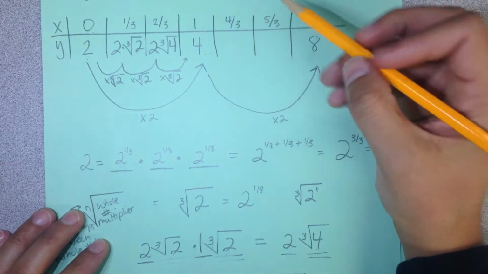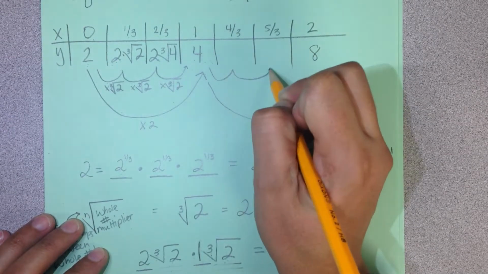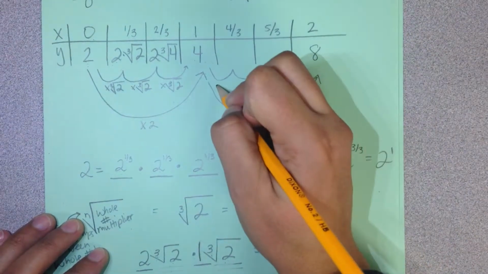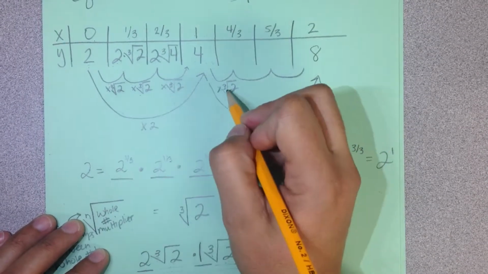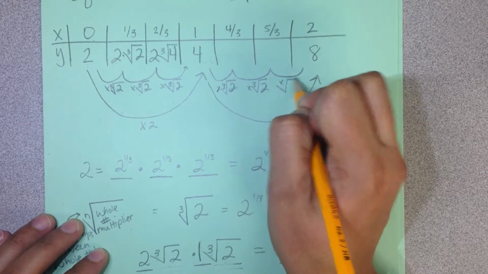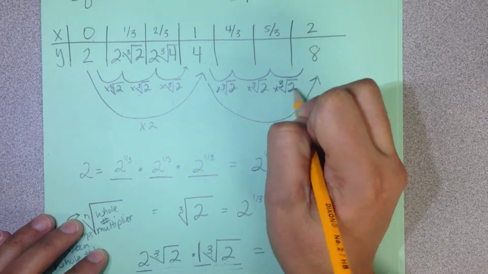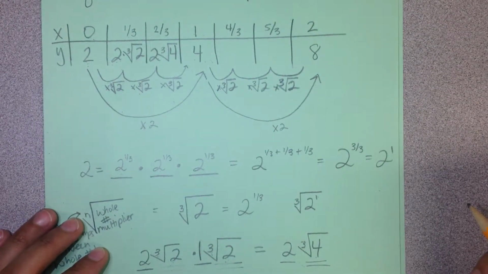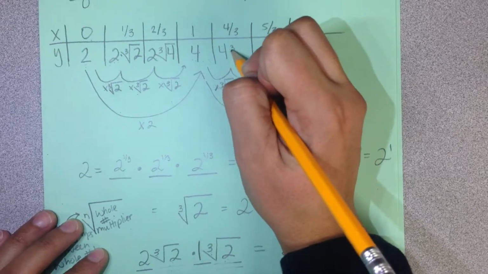And then you'll actually notice a pattern. If we multiply 4 times our mini multiplier, which is the cube root of 2, it continues. So 4 times the cube root of 2 is 4 cube root 2.